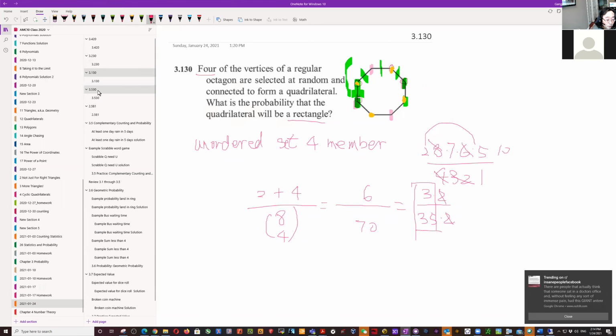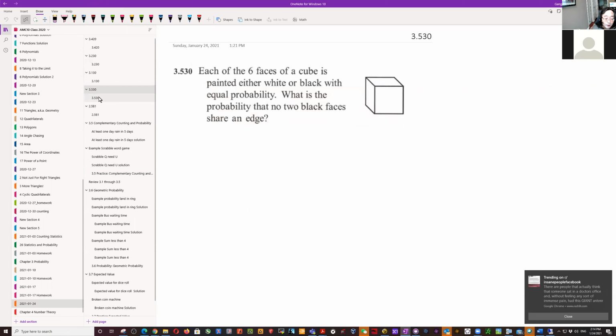And then this problem is: each of the 6 faces of the cube is painted either white or black with equal probability. What is the probability that no 2 black faces share an edge?